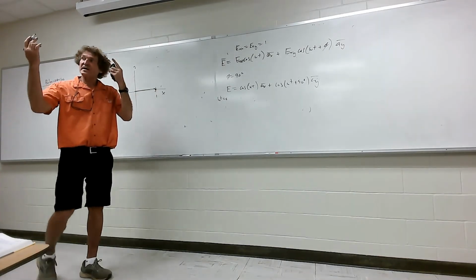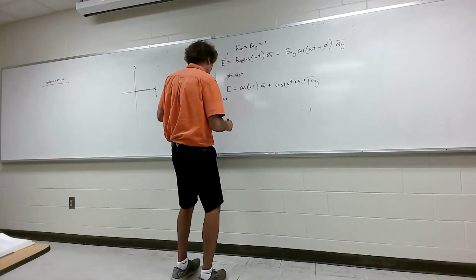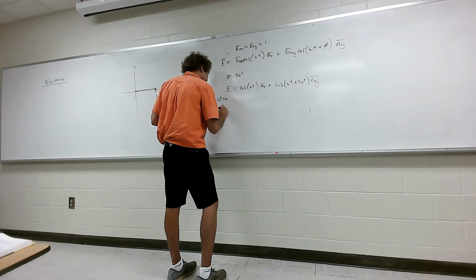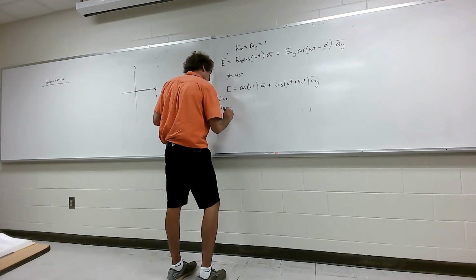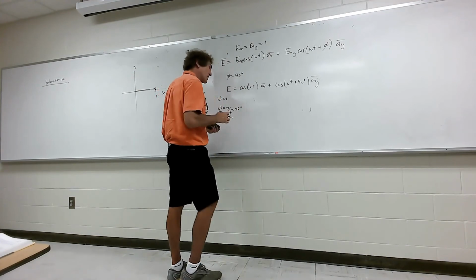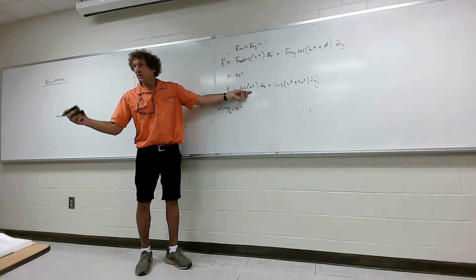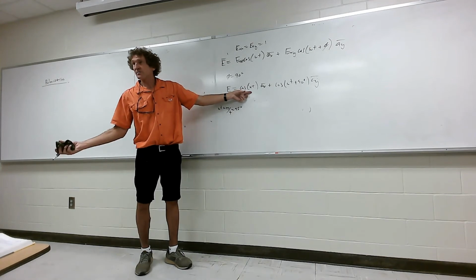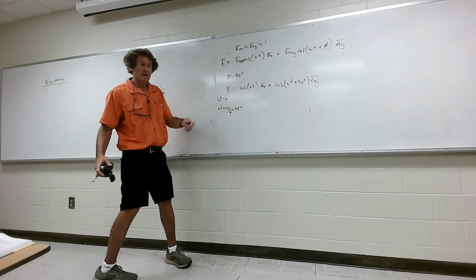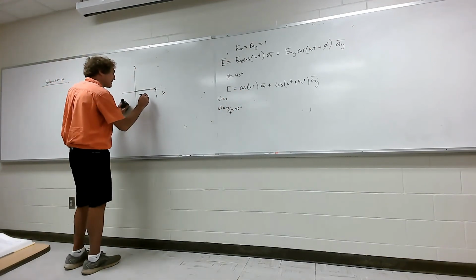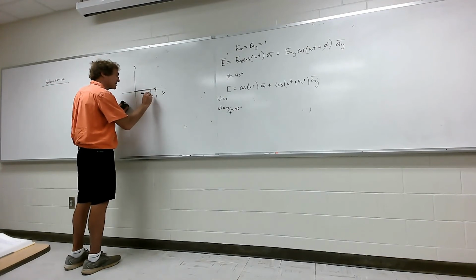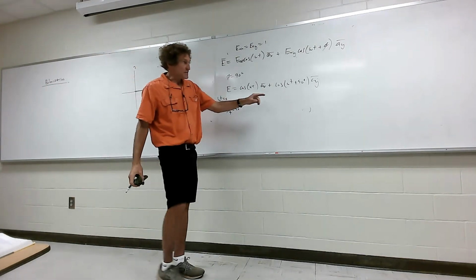Now increase the actual value of omega t. When omega t is equal to pi over 4 or 45 degrees, now what happens? Well, cosine of 45 is 1 over square root of 2, about 0.707, right? So in the x direction, now I have 0.707. In the y direction, what happens?